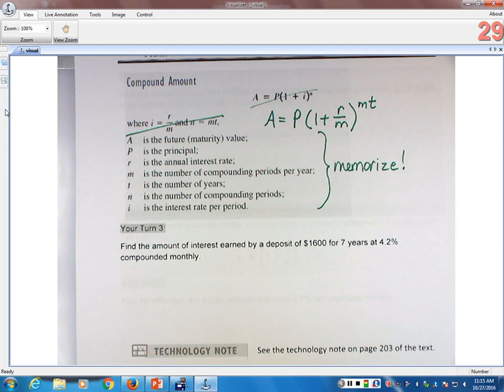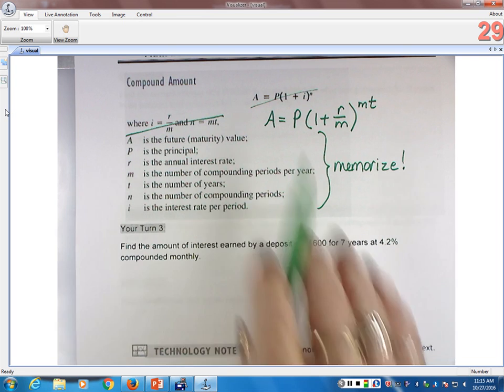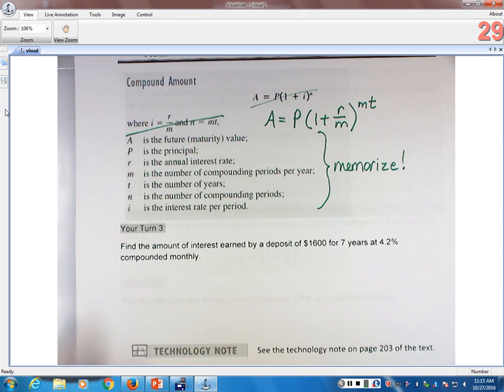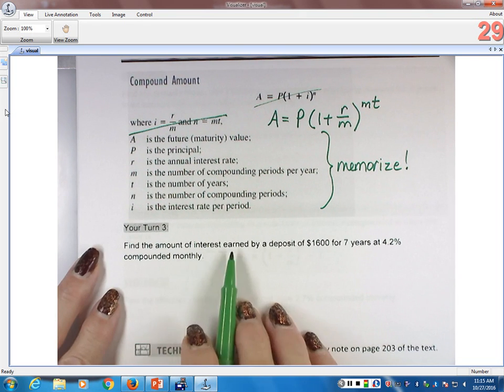So your turn 3. Find the amount of interest earned by a deposit of $1,600 for 7 years at 4.2% compounded monthly. So we've got our formula up here, and it says the amount of interest earned.